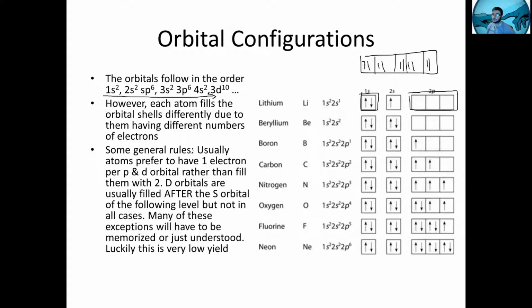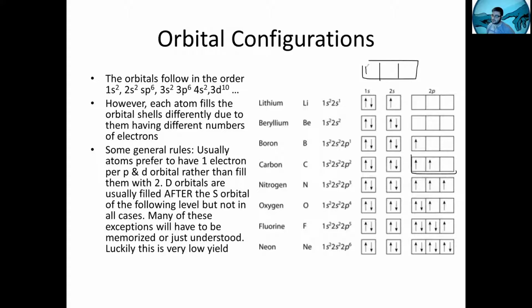So the general rule is usually atoms prefer to have 1 electron per box rather than start filling up the boxes any differently. So for example, we can take carbon over here. So I'm going to draw it again. So it has 2 electrons that go into this P shell because these are filled, but it only has 2 to fill this P shell, which normally has 6.